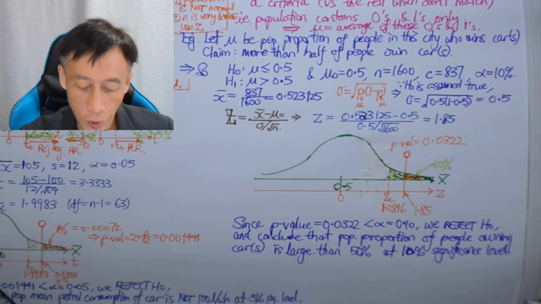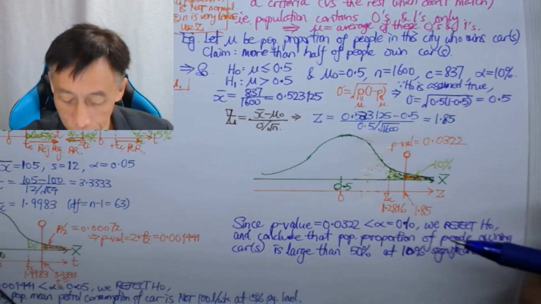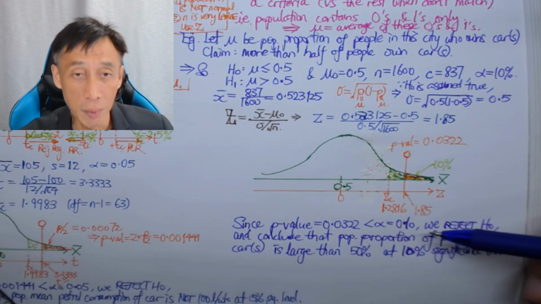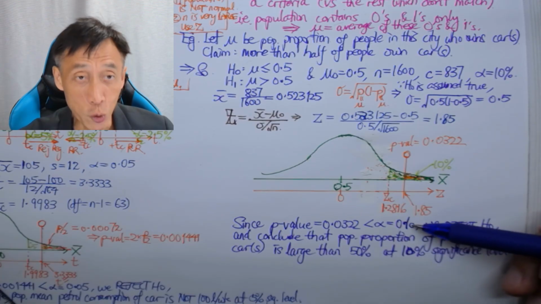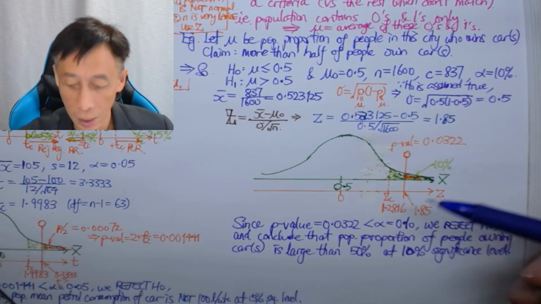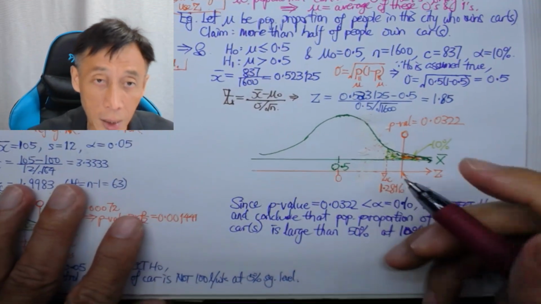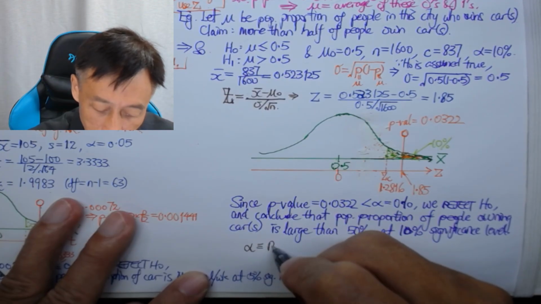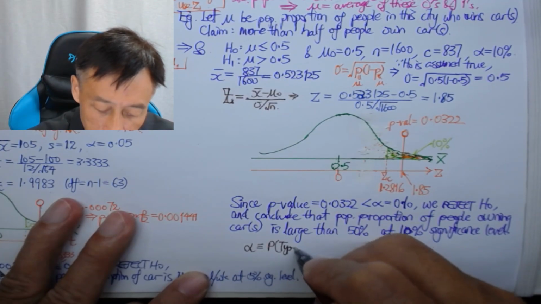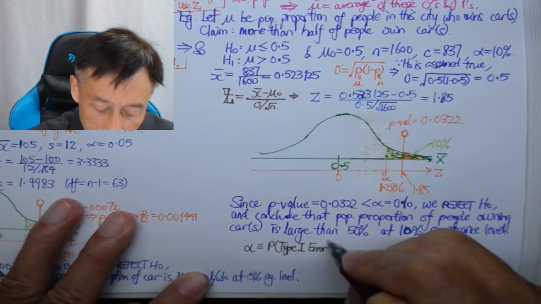Because of this whole procedure, we have selected an alpha of 10%. What does that mean? Alpha means the significance level, I'm sure you know. But alpha also means that the probability of making a type 1 error is 10%.